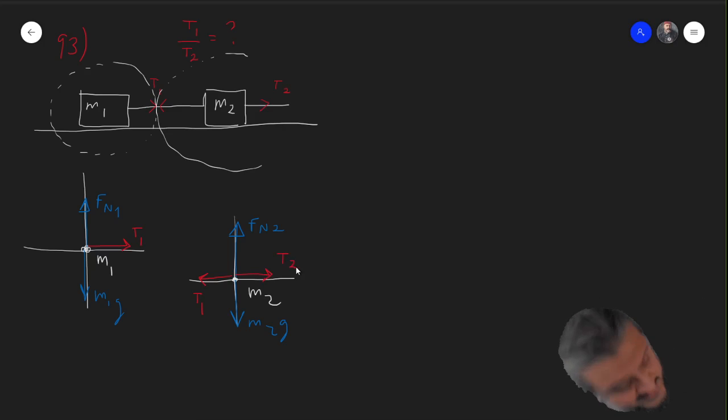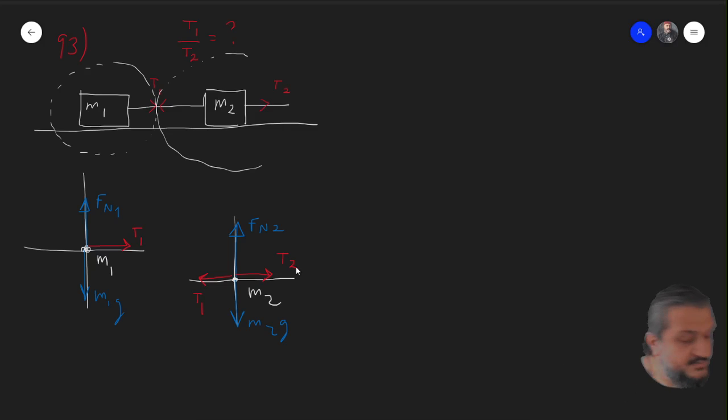Now, what about acceleration? There's not a word about acceleration here, but in general, we can include it in the free body diagrams.